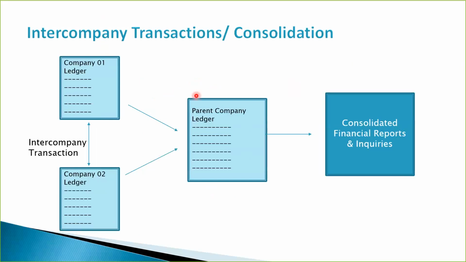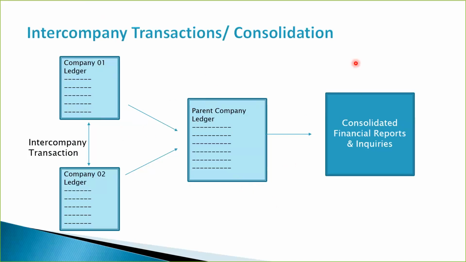And this parent company wants to produce consolidated reports, all right? So what happens is that we do a data transfer of the financial information for these two companies, which are subsidiaries, to the parent company ledger, or we can have a separate consolidated ledger where we transfer both the transactions for the subsidiaries and the transactions for the parent company, and then we produce the consolidated financial reports. All right.